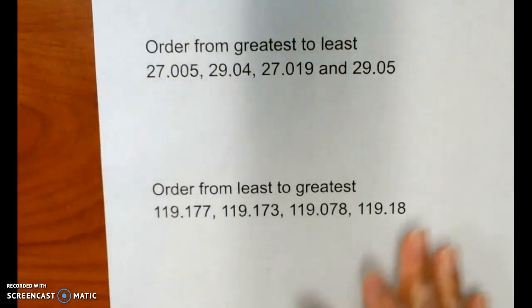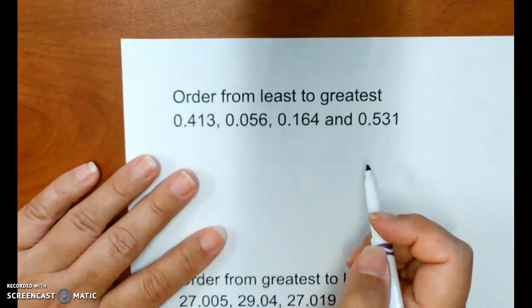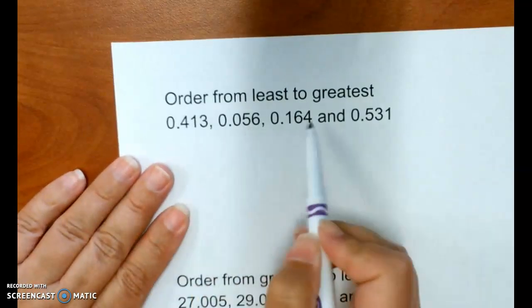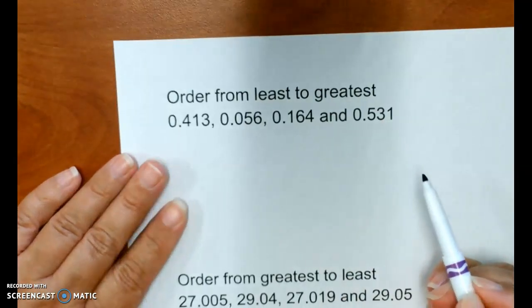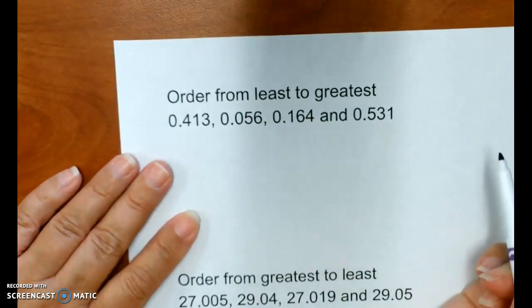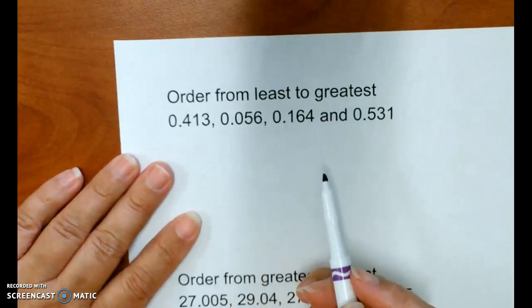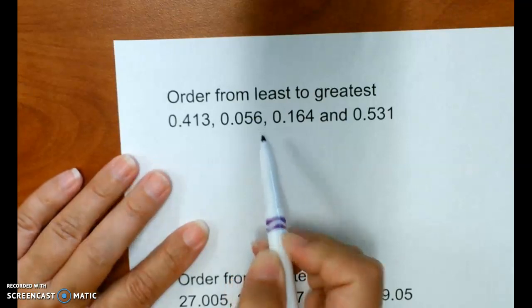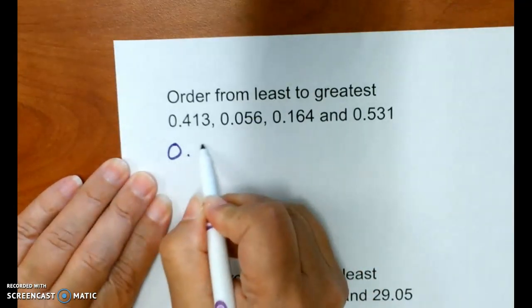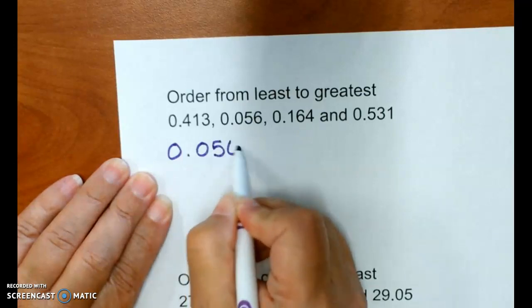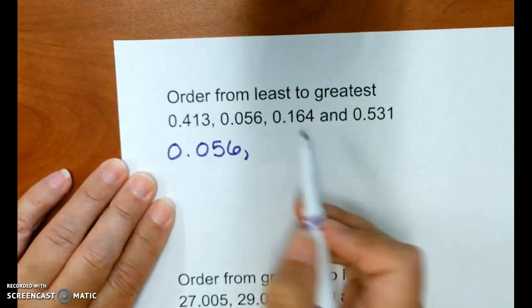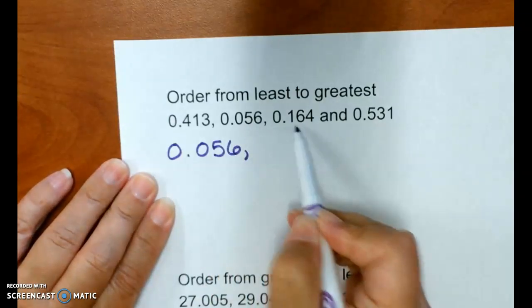Last part, we're going to put these in order from least to greatest. So if you notice, they're all the same length. They're all thousandths. So which one is smallest? This one is because it has a 0 in the tenths place. So my first number is 56 thousandths. Now I want to find the next biggest number in the tenths place.